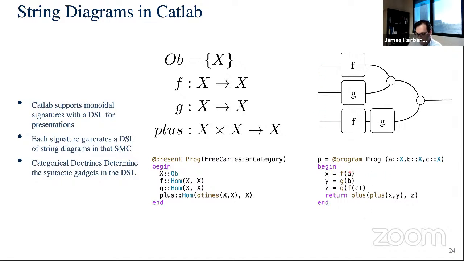Then I'm going to call F on the first wire, G on the second, and F on the third. That's these 3 boxes. And then I'm going to apply G to the output of F, and I'm going to do some addition. So I'm going to add these outputs, then I'm going to add those outputs. I'll return the sum of these values.